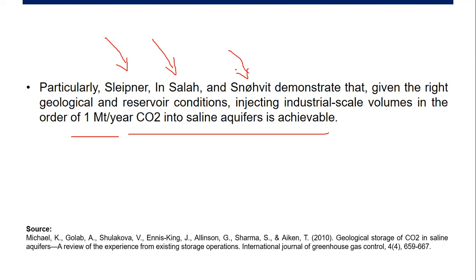We can inject CO2 at the amount of 1 million tons per year into saline aquifers, and they are successful. So this should encourage us all, so let's learn, let's read papers about it, and let's perform modeling and simulation so that one day we can use the knowledge to implement a project of CO2 geological sequestration.